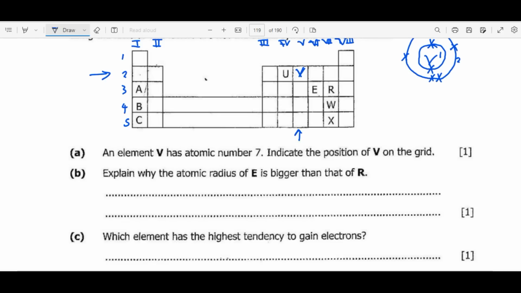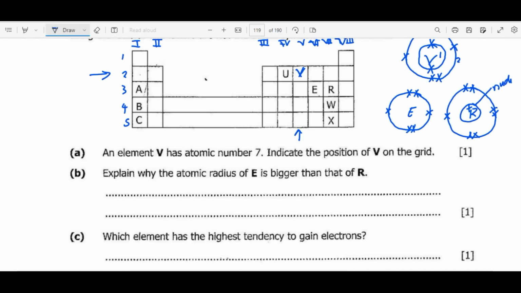Now if we look at the element E, this is coming from group 6, so we'll have 6 electrons in the outermost shell. Then R is coming from group 7, so here we are going to have 7 electrons in the outermost shell.